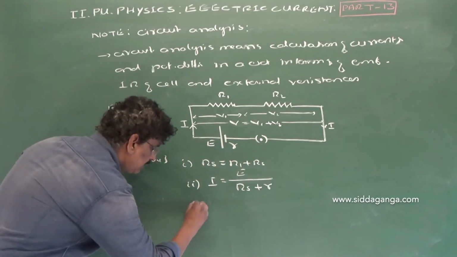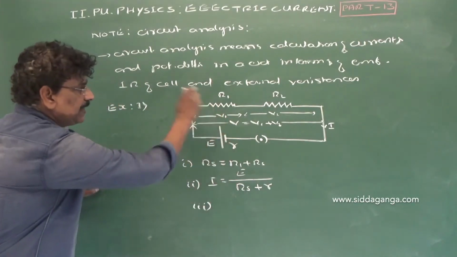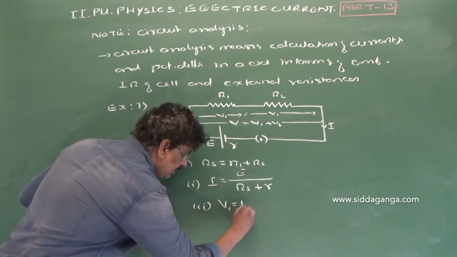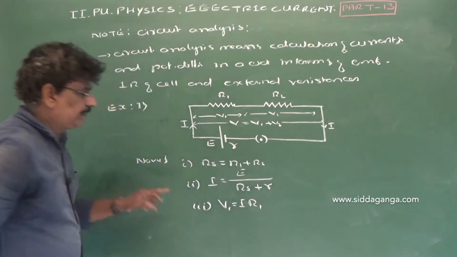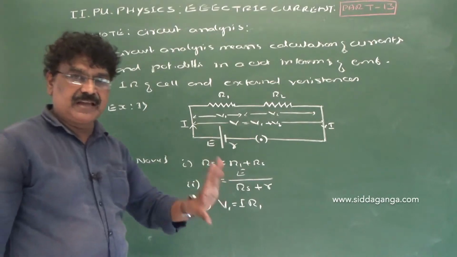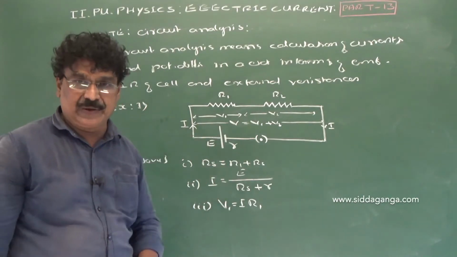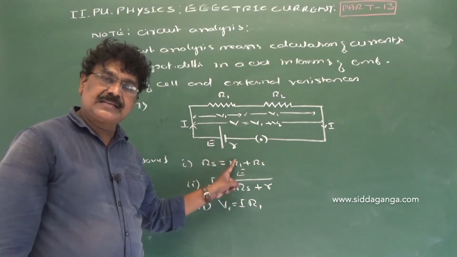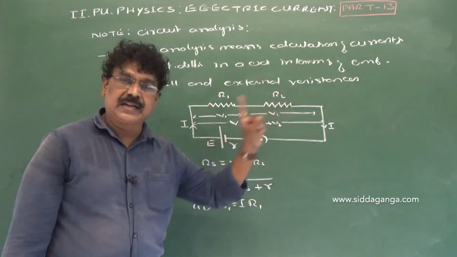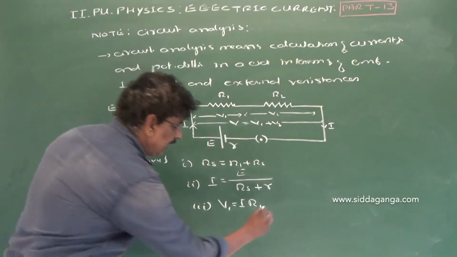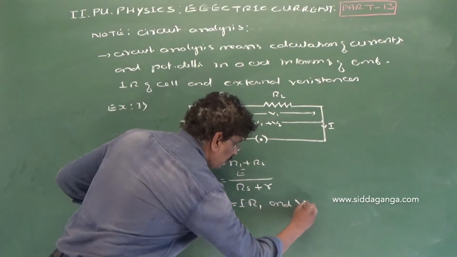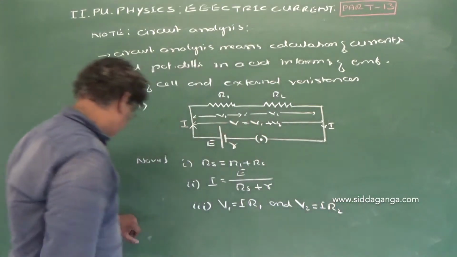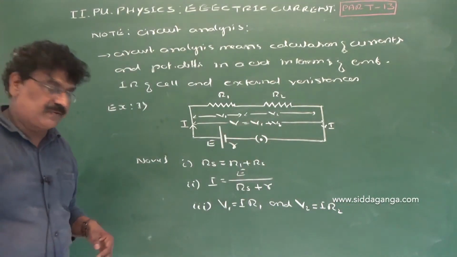Third one, what is potential difference across R1? V1 is equal to I into R1, because here we have given 4 values: EMF of cell, internal resistance of cell and 2 external resistances. And V2 is equal to I into R2.